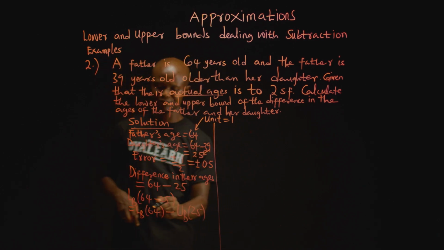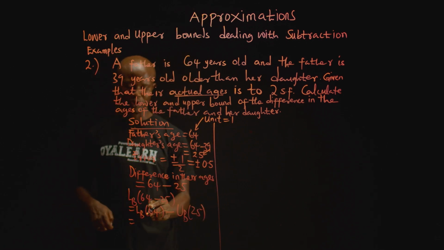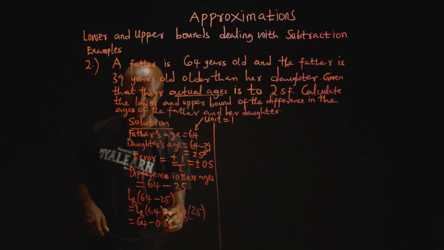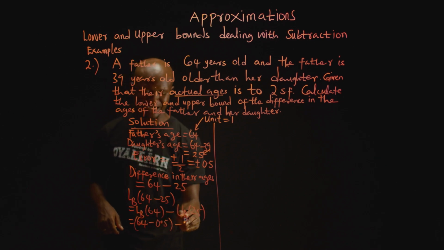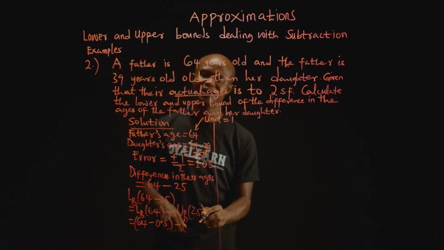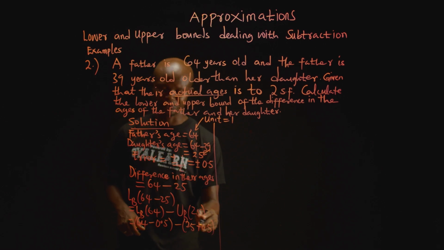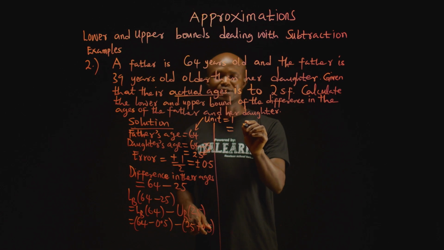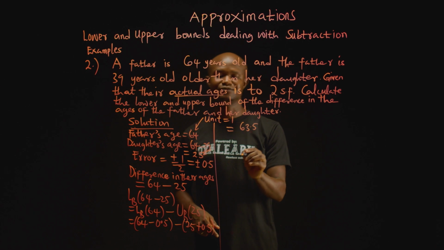So from here we have lower bound of 64. What would that be? That would be 64 minus 0.5. Anything lower bound, you are subtracting. Then minus everything here, upper bound of 25. That will be 25 plus 0.5. And this will give us 64 minus 0.5, that's 63.5.